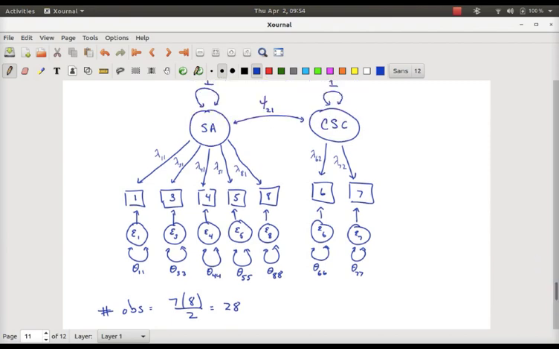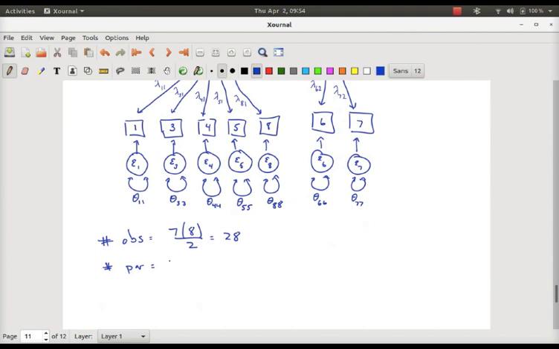We've got 1 factor covariance, we've got 7 loadings, and we've got 7 residual variances. So 1 plus 7 plus 7. So that's what, 15? And so the degrees of freedom is going to be the number of observations minus the number of parameters, which is 28 minus 15, which is 13.